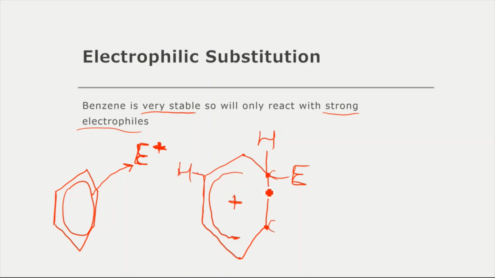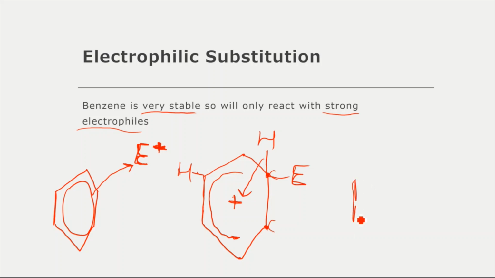Now I want to get my ring back, so I'm just going to take the electrons from that bond. These 2 electrons will go from that bond, and a curly arrow would be drawn from that bond to that plus charge. What that means is that we've just taken those 2 electrons, and they would now form our delocalized electrons.